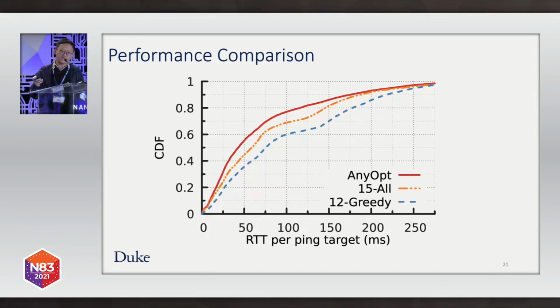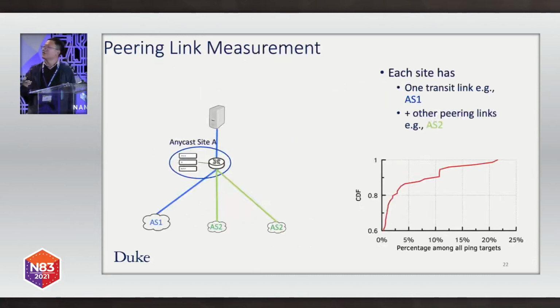It gave us an answer with just 12 sites, and we also select 12 sites greedily based on the unicast round trip time. It improves the median round trip time by 38 milliseconds. We also compare with the configuration which includes all available Anycast sites, and compared with that, it reduces the median round trip time by 14 milliseconds.